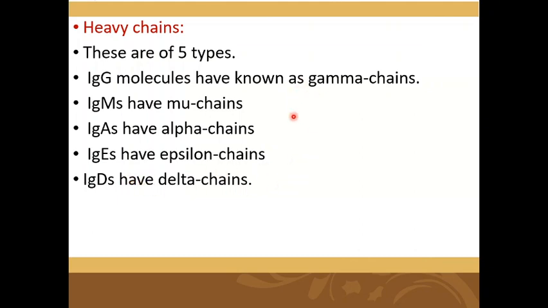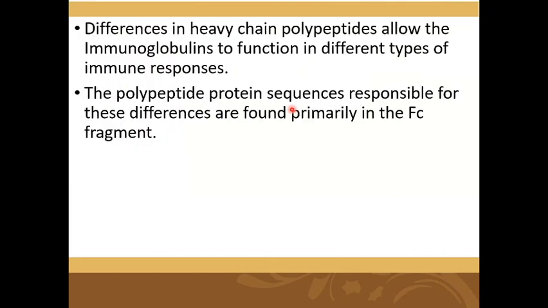Different types of chains are present. Difference in heavy chain polypeptide allows the immunoglobulin to function in different types of immune response. Heavy chain different है and therefore the immune response will be different.